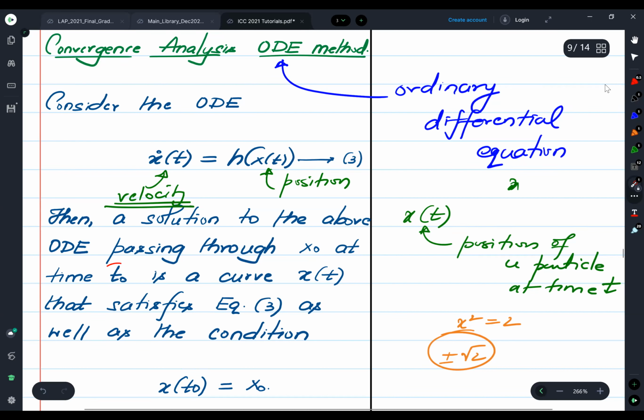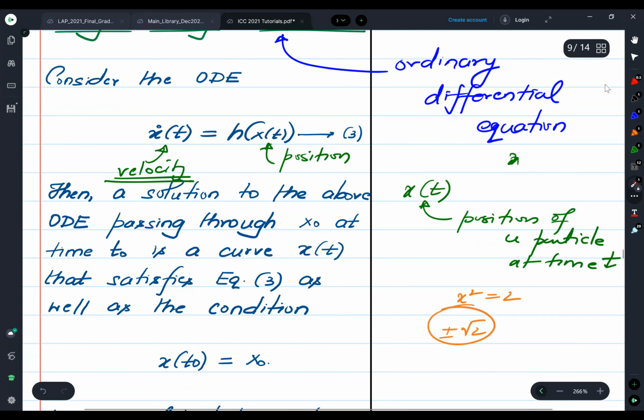So I would like to find a curve x of t for different values of t, such that at time t naught this particle is at x naught, and thereafter it satisfies this relationship that is specified in 3. Such a curve will be referred to as a solution which satisfies this condition. Is this okay?